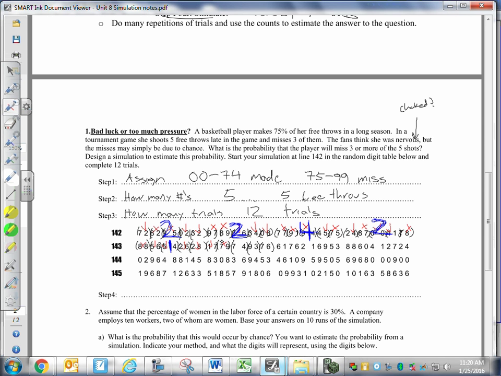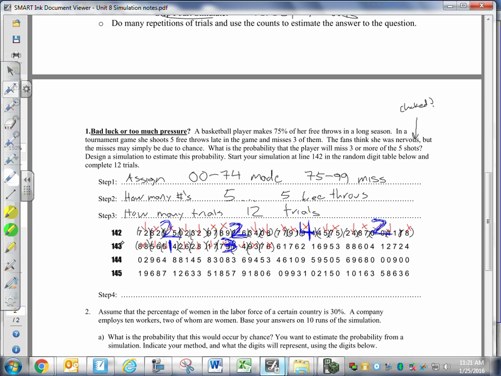Make, miss, make, miss, miss. She missed 3 this time. Why don't we stop at 8 if we've done 8 already? Confer with my results.